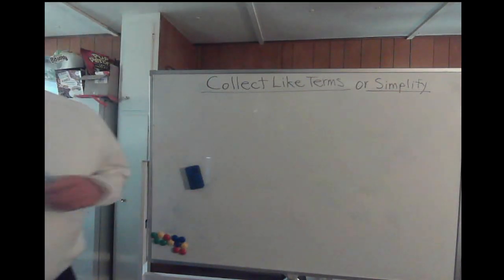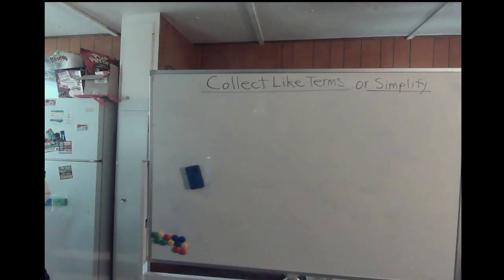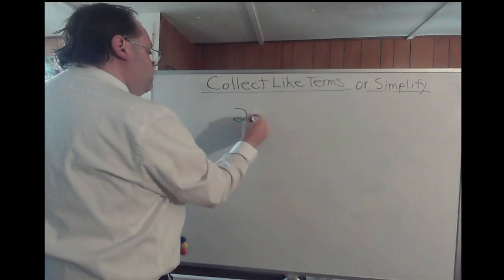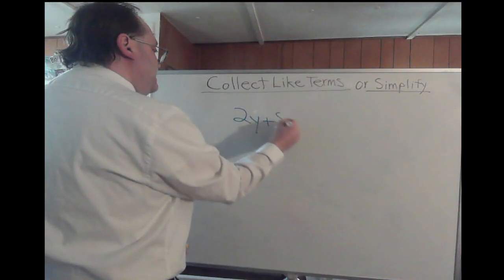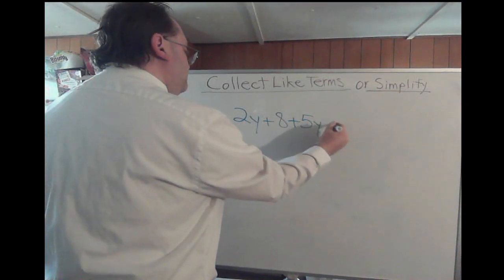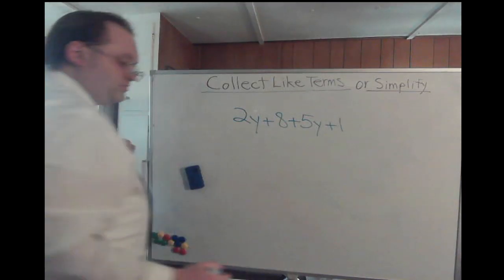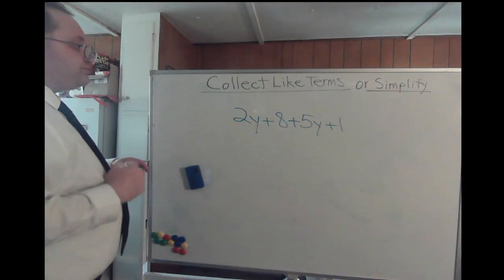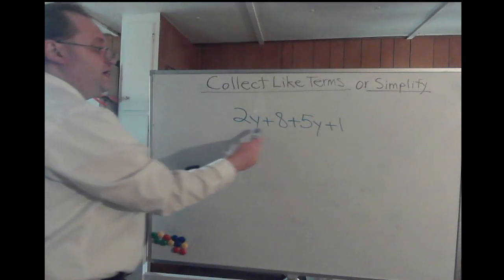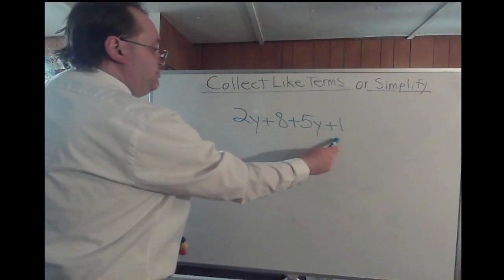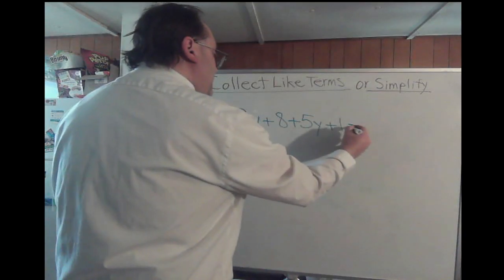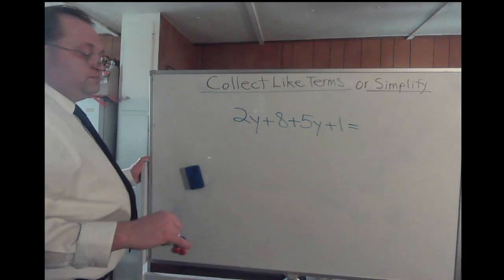Alright, what's next? We have 2y plus 8 plus 5y plus 1. So we're going to collect like terms or simplify the expression. Again, I would start with your variable terms.